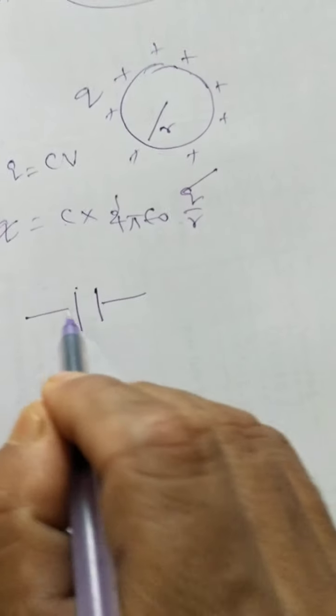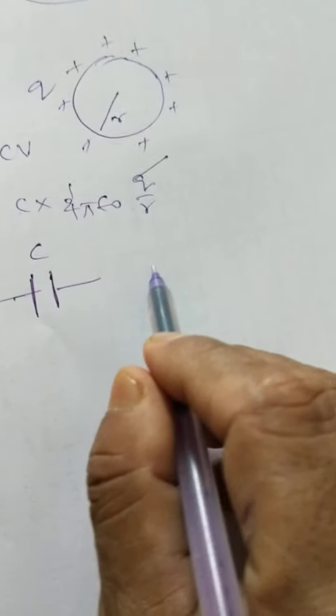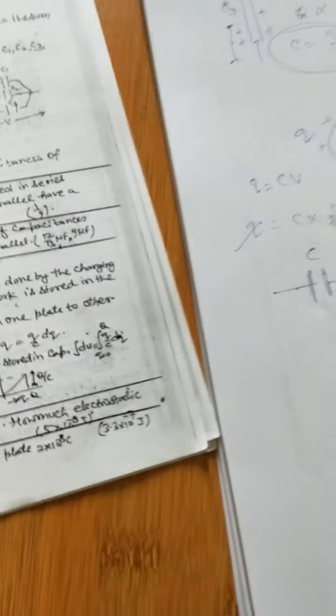This is the symbol of the capacitor. Both are identical and of the same length. If it is a variable capacitor, then we put a mark here. This is the variable capacitor, otherwise this is the ordinary capacitor. The main thing is that the capacitor stores electric charge.